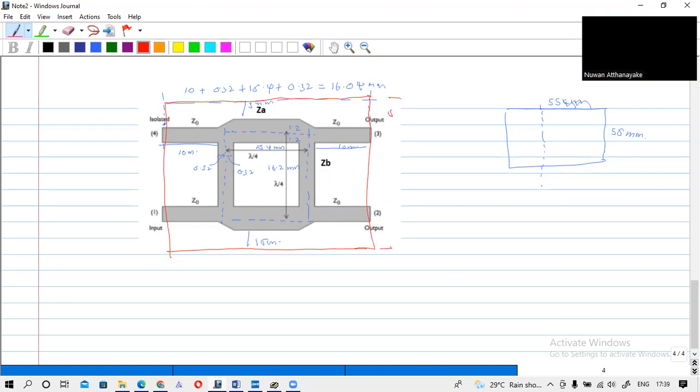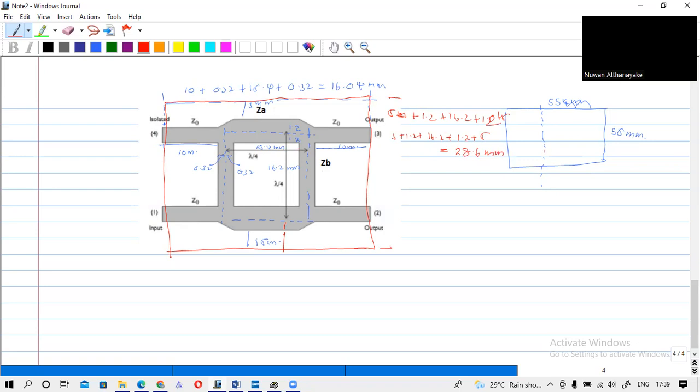It is 5 plus 1.2 plus 16.2 plus another 1.2 plus another 5. If you add all these together using a calculator, I get 28.6 millimeter. So this is the width.